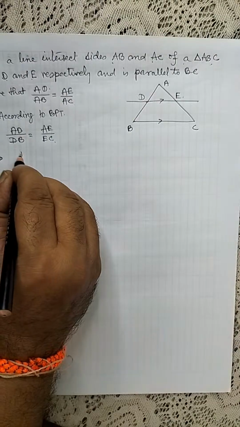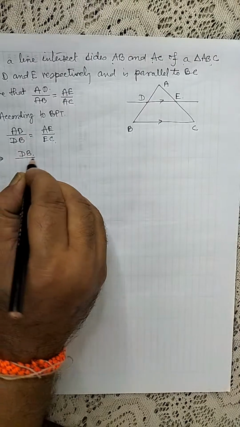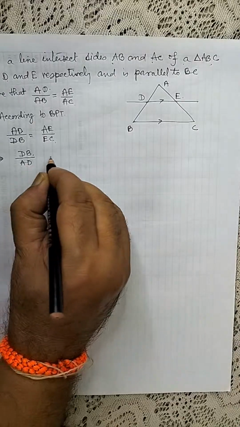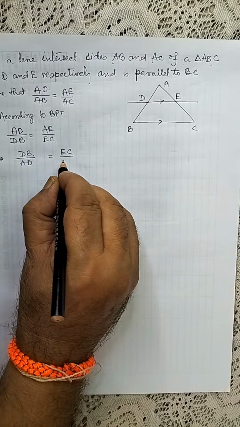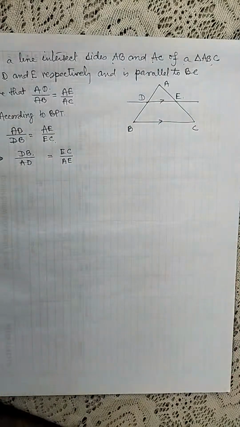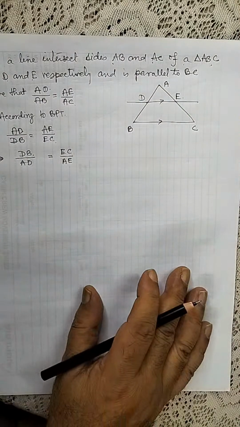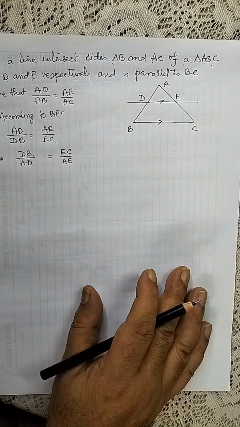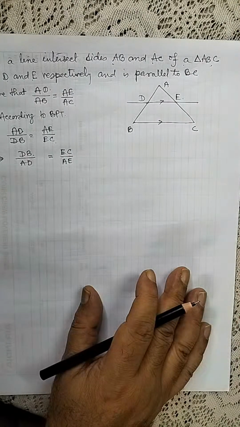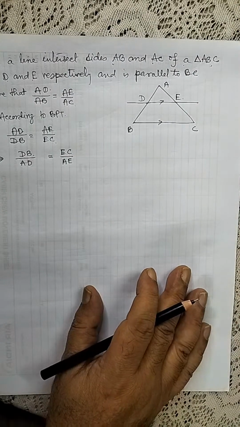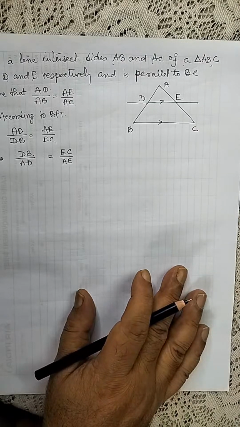That is, I can write DB upon AD is the same as EC upon AE. In ratio and proportion, this step is called invertendo. That means the ratio can be inverted. Don't worry about remembering this; if you can remember, this property is called invertendo.